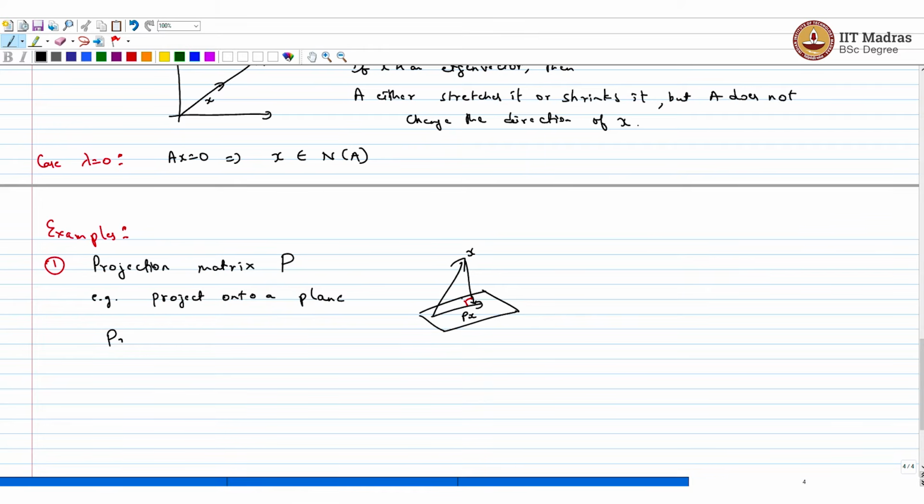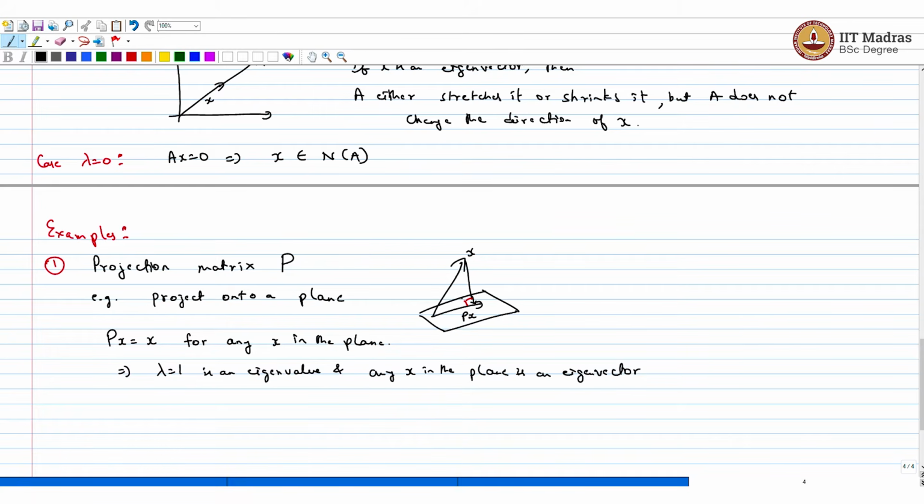So, you can see that Px equals x for any x in the plane. That implies lambda equals 1 is an eigenvalue and any x in the plane is an eigenvector.